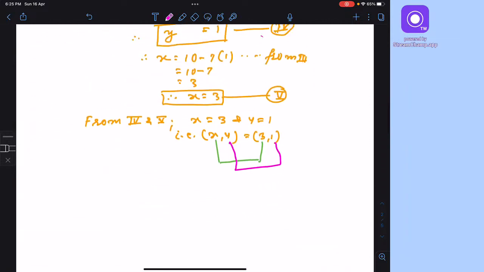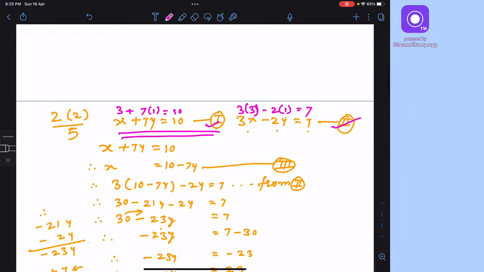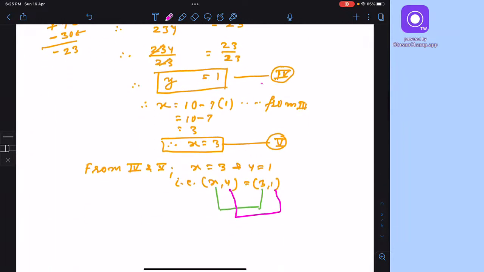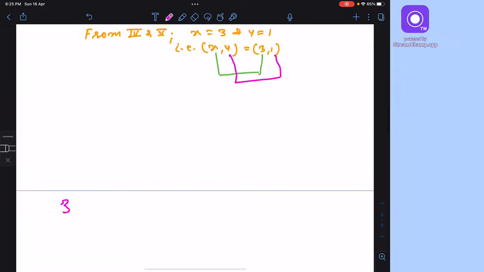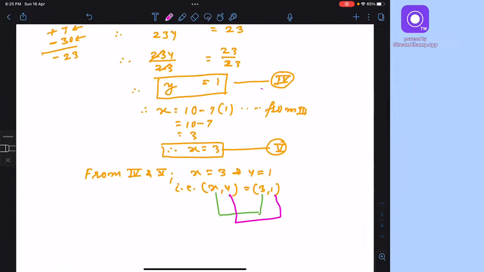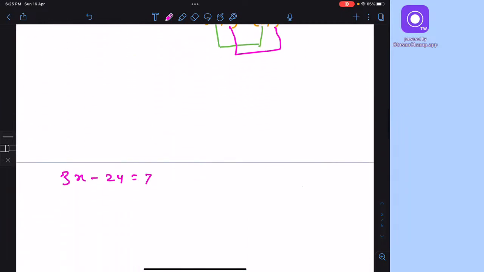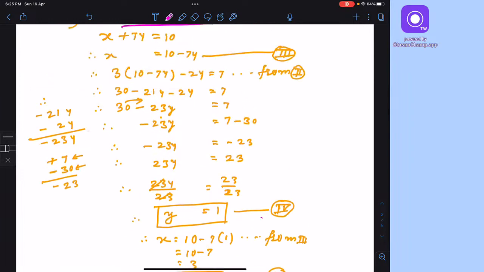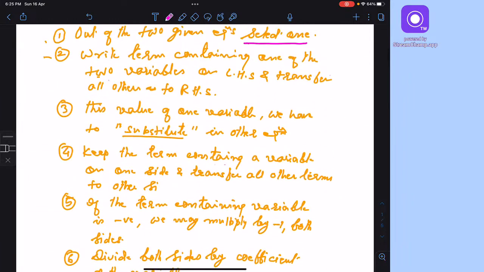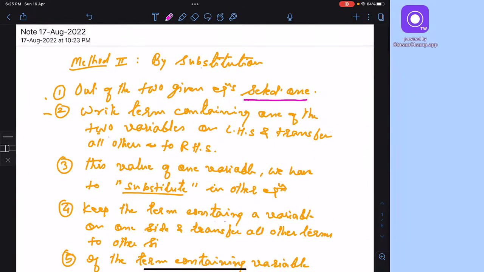In examination, you can do by any method. 3x minus 2y is equal to 7. This is equation number 2. 3x minus 2y is 7 from 2. Okay. Now what they are saying, second step is, out of the two given equations, select any one.